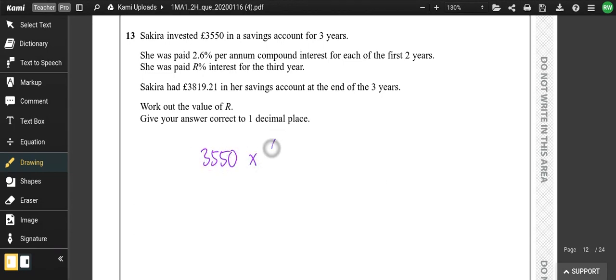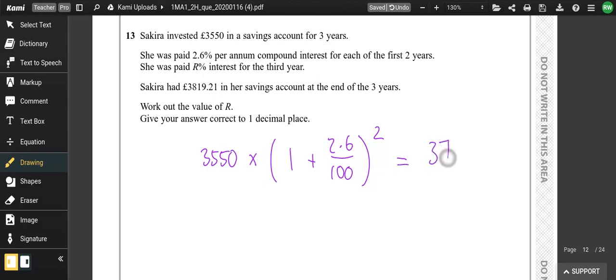3,550 times 1 plus the percentage over 100 to the power of the number of years. That gives 3736.9998.